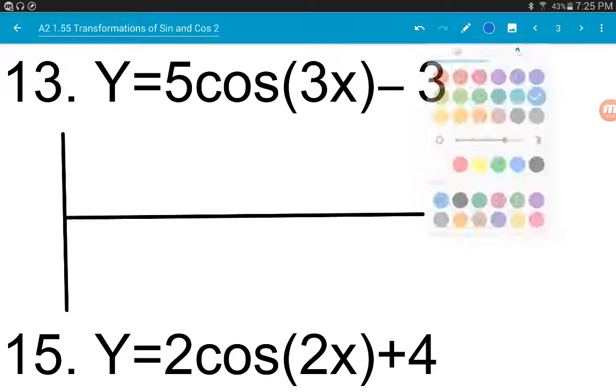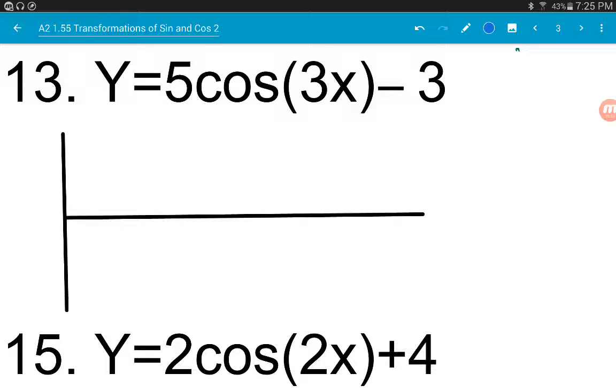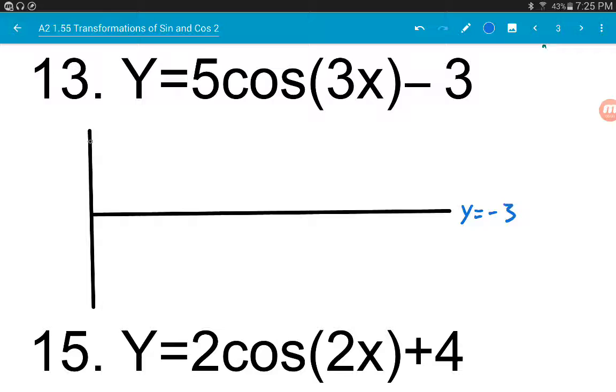I know a couple things about this. I know that this line is going to be y equals -3. That's important. I know that cosine starts up high, and what is that value? It's going to be -3 plus 5. That's the amplitude.